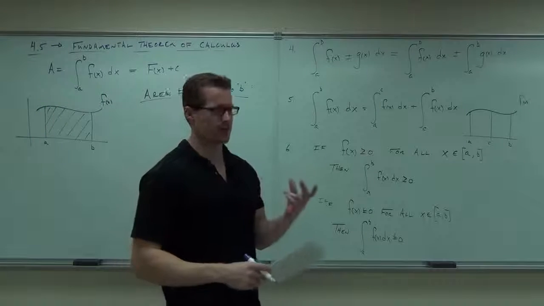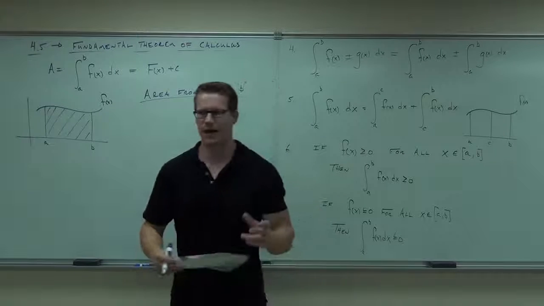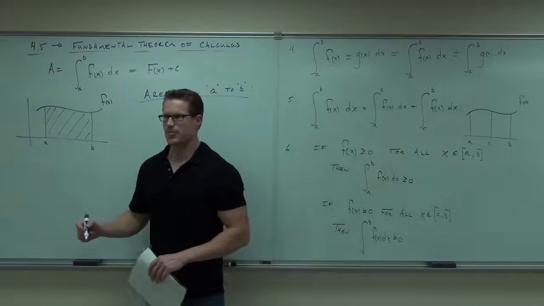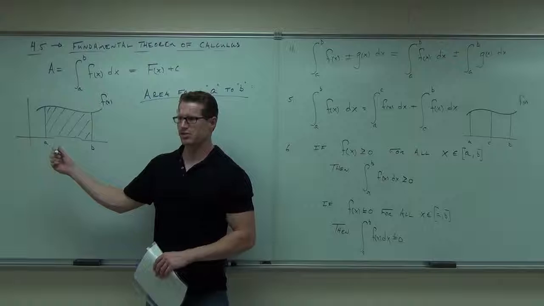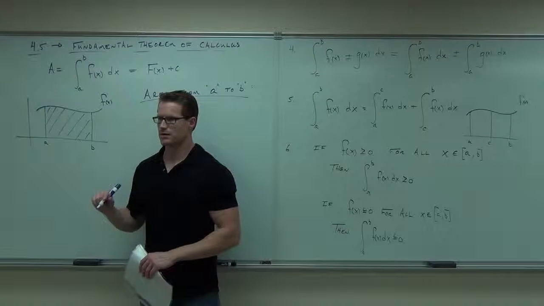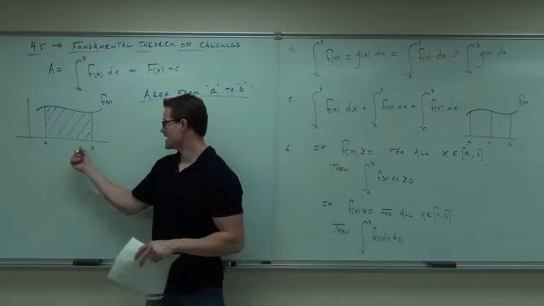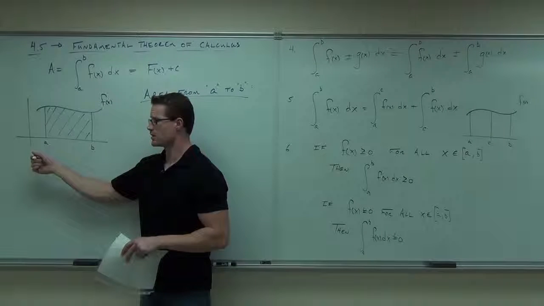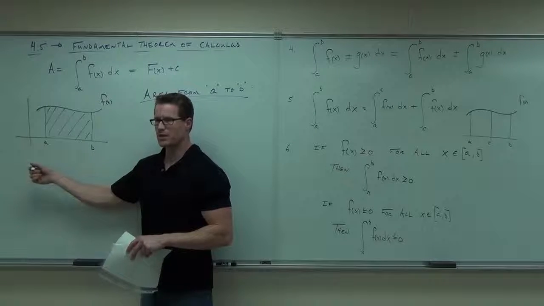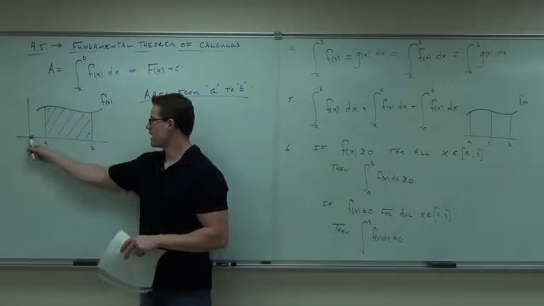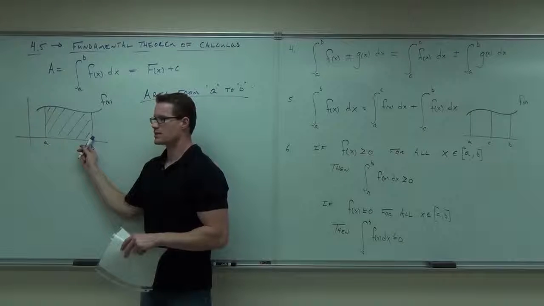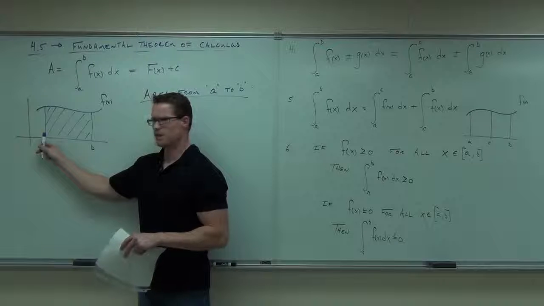Here's how we're going to think of it. Could you find the distance from A to B? How would you do it? You would do B minus A. If this was 10 and that was 3, you'd do 10 minus 3, right? We're going to do basically the same thing. We're going to say, let's take the area up to B minus the area up to A. Would that make sense to you?